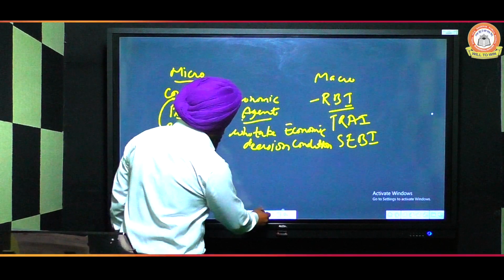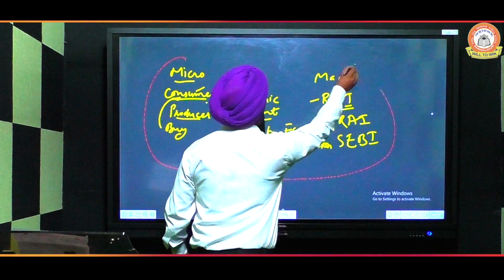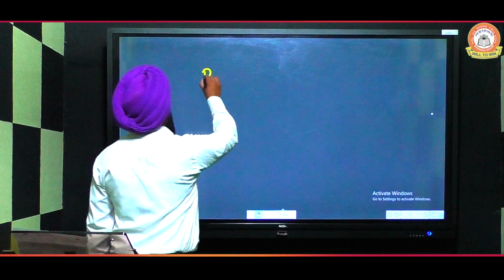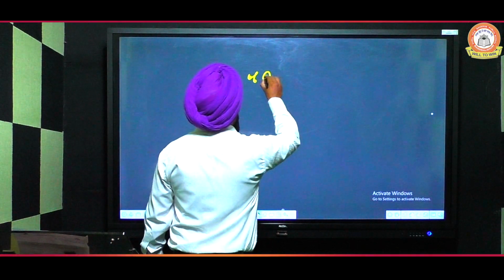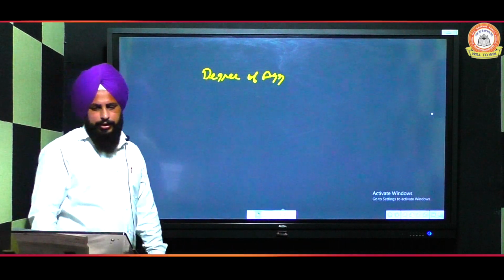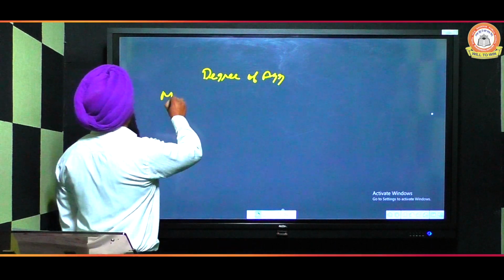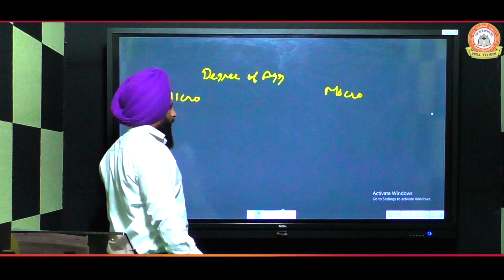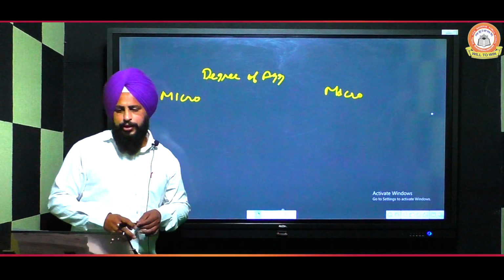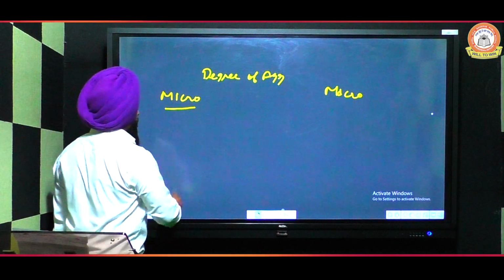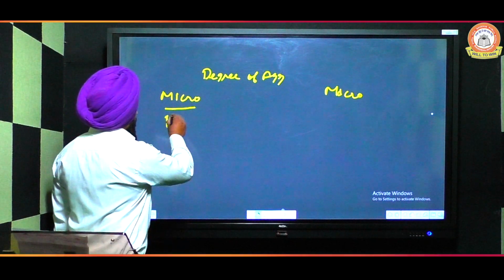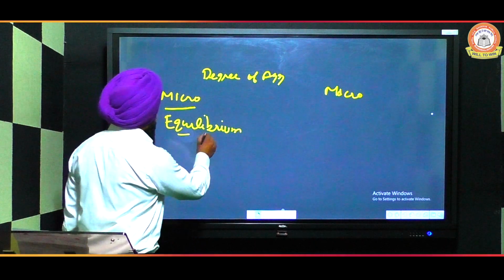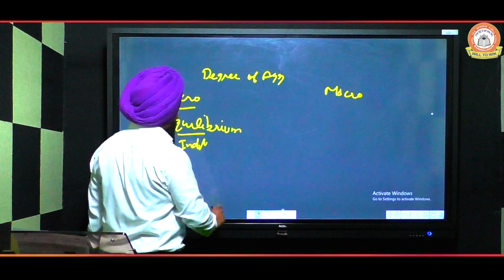Then we have the degree of aggregation. The degree of aggregation is different in micro and macro. Under micro, we discuss problems related to equilibrium at the level of an individual, like the producer's equilibrium and the consumer's equilibrium.